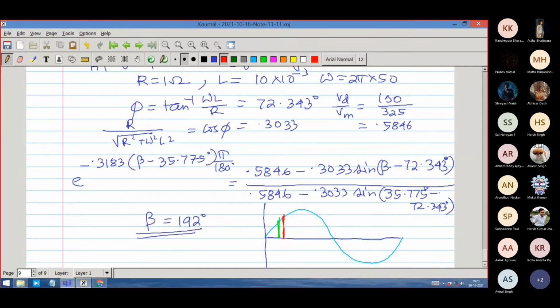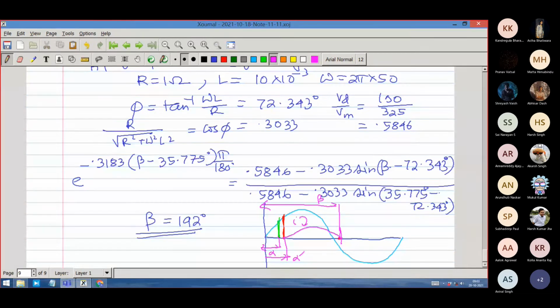So this is 180, and somewhat little extra than that. This angle is beta, this angle is alpha, and this angle is alpha dash, and this is Id.